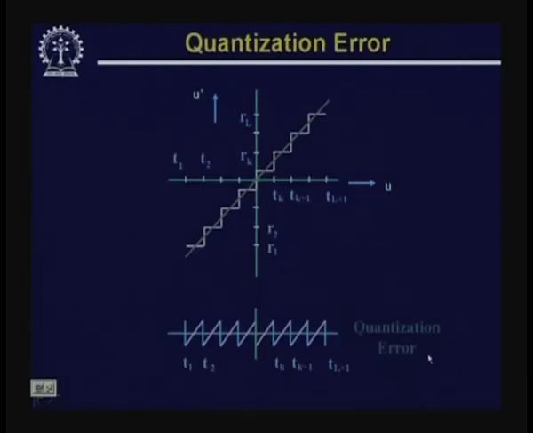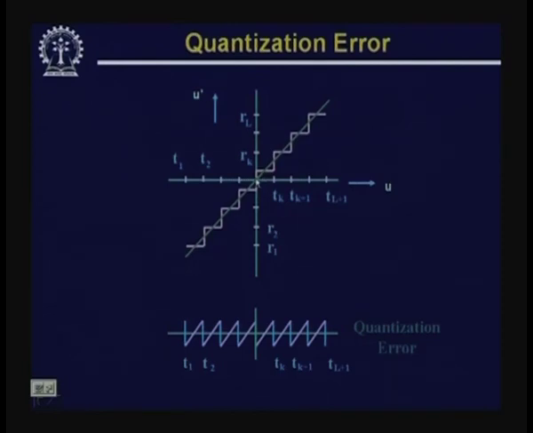Here we have shown the same figure. Here you find that whenever this green line, which is inclined at 45 degrees with the u axis, crosses the staircase function, at this point whatever is your signal value, it is same as the reconstructed value. So, only at these crossover points your error in the quantized signal will be 0. At all other points, the error in the quantized signal will be a non-zero value.